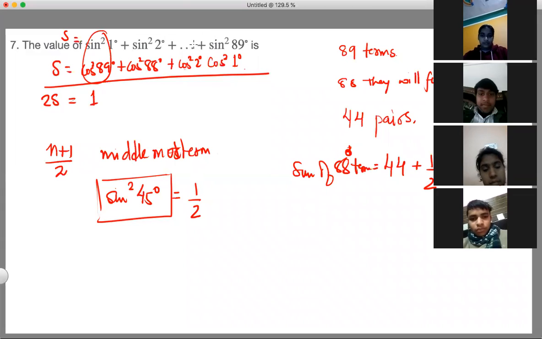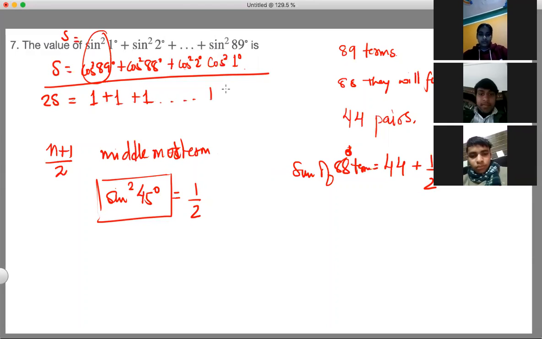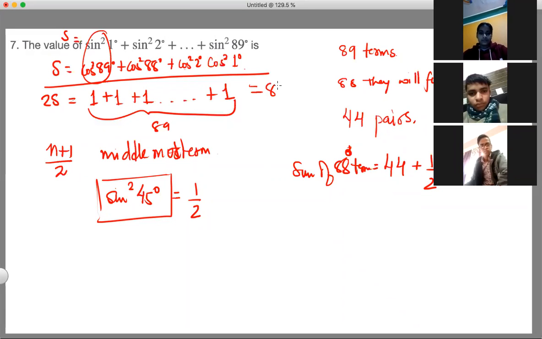Similarly, sum of this and this will be 1, and sum of this will be 1, and so on, right? So how many ones are there? 89 ones. So 2S is equal to 89. S is equal to 89 by 2, which is also 44 and a half.